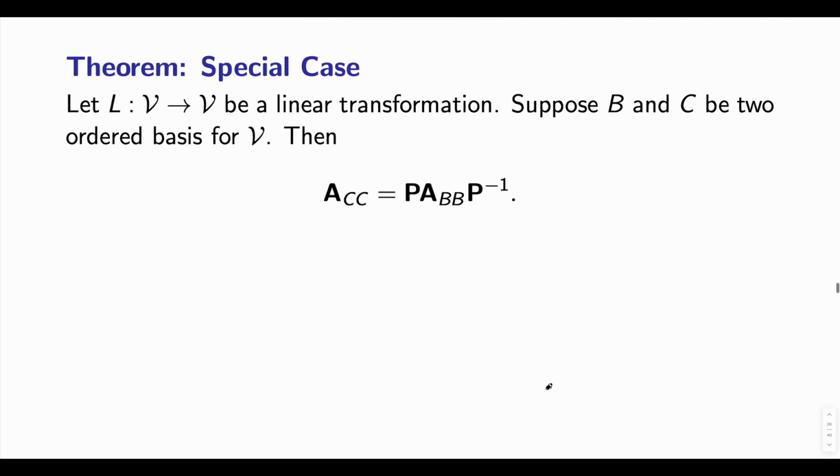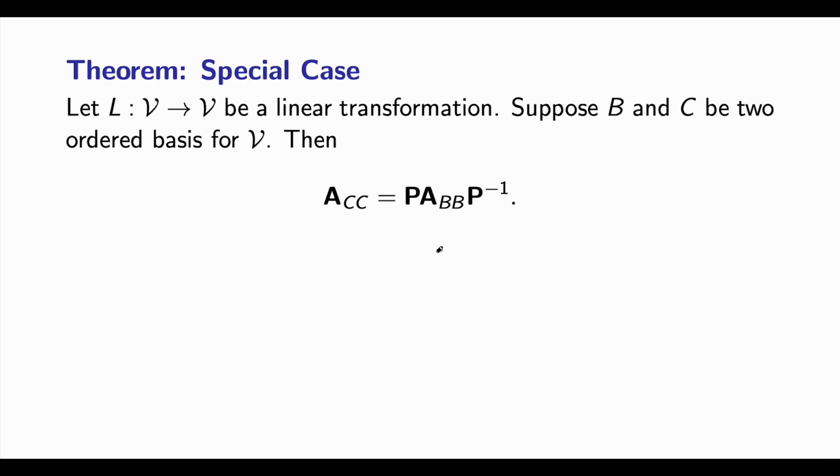So now what is the special case? If V and W are the same, right? Suppose B and C are two ordered bases for V, then A_CC is equal to P A_BB P inverse. In this case, we can say that the two matrices are similar, right?